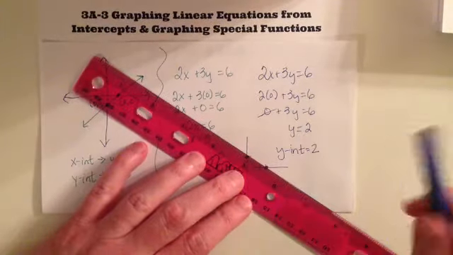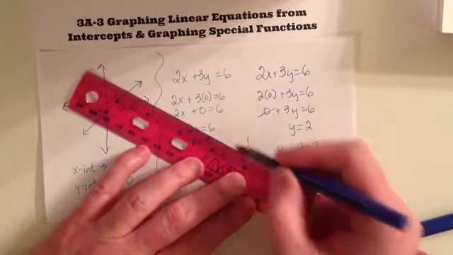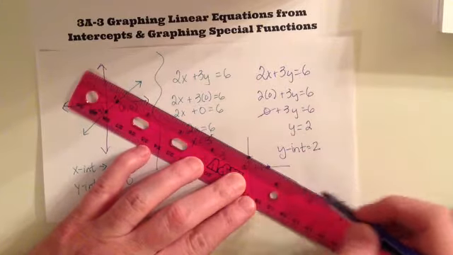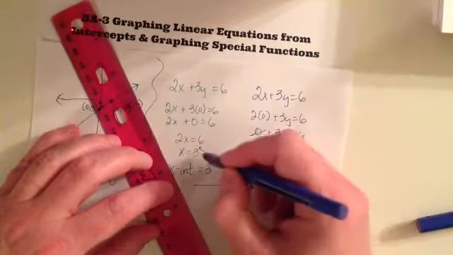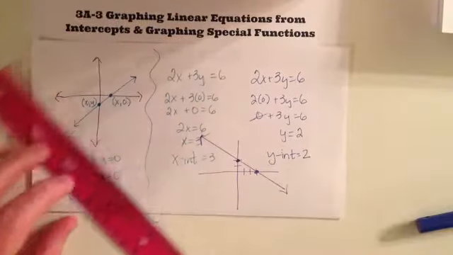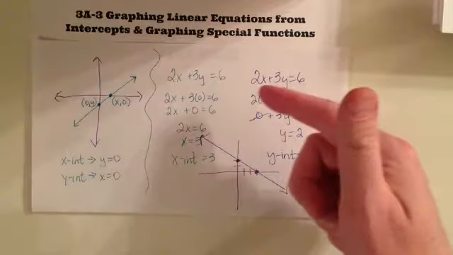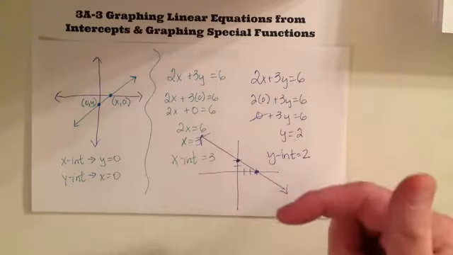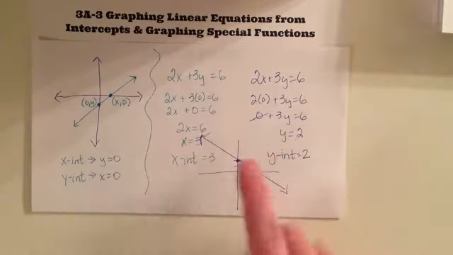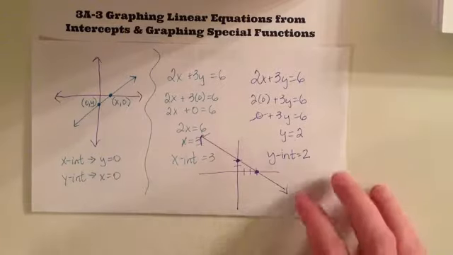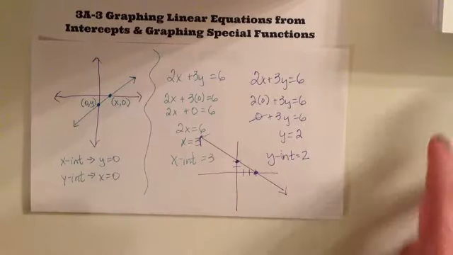So I get my handy dandy ruler, draw a line, put arrows, and there is the line. So the first trick is finding what the y-intercept and the x-intercept are, then graphing those 2 points and drawing the line.